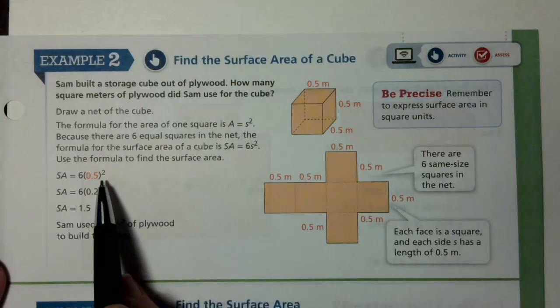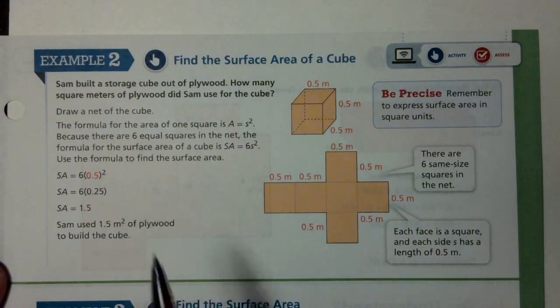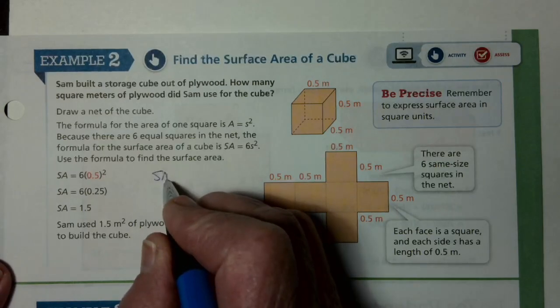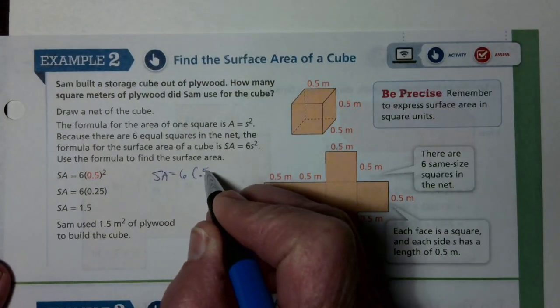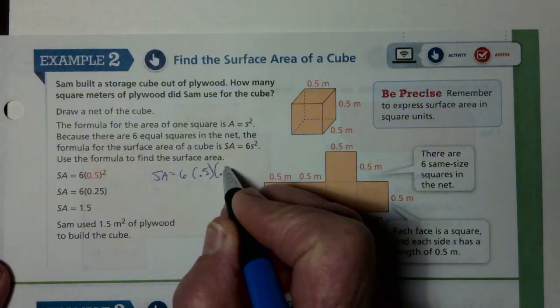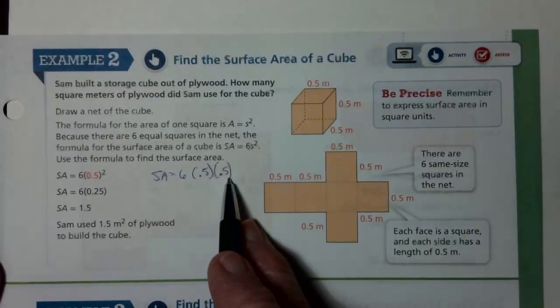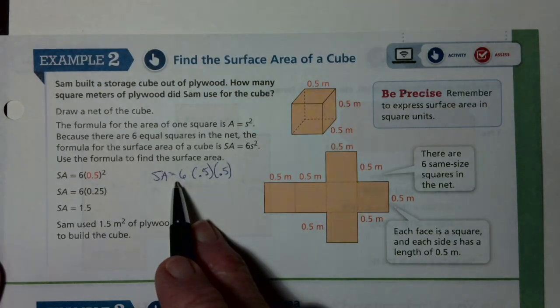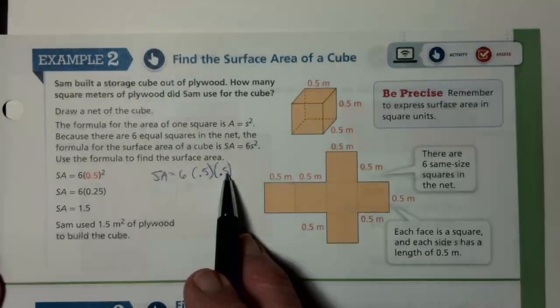We can find the area of one. Well, they didn't do. What's that little squared right there? What does that mean? Because I'm telling you that surface area is 6 times 0.5 times 0.5. Length times width to get one of them, and then multiply by 6. Oh, but what if the number is the same number multiplied together?